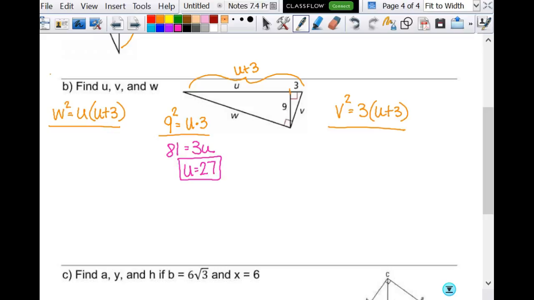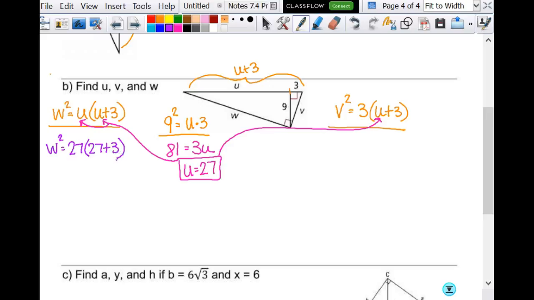Now, again, before I multiply things out, I'm going to substitute. Now I know what u is. U goes there and there, and u is going here. So now I have enough information over here, and I'm going to get that w squared is equal to 27 times 27 plus 3.